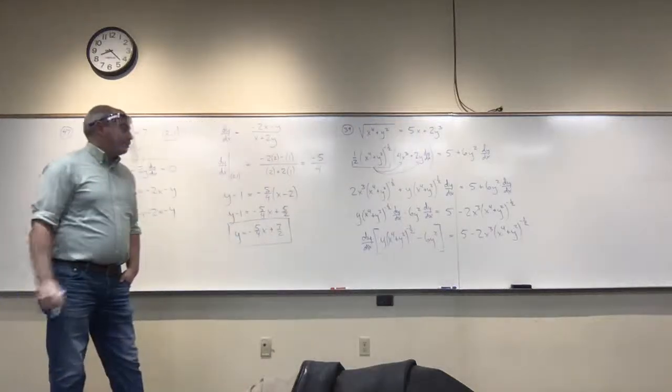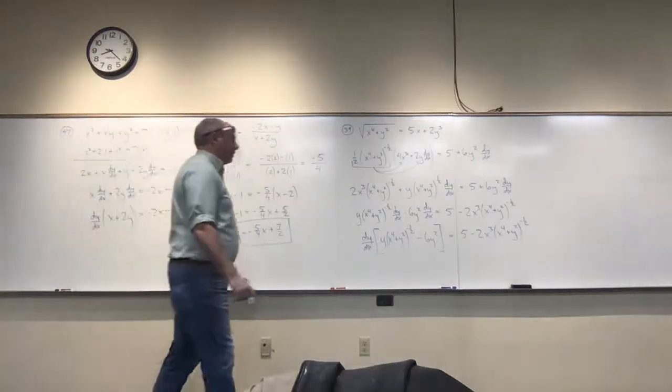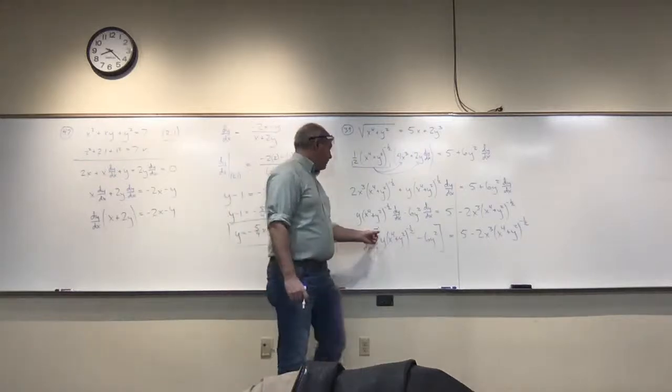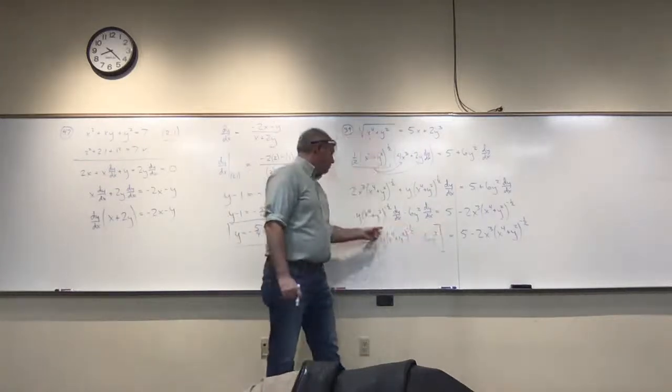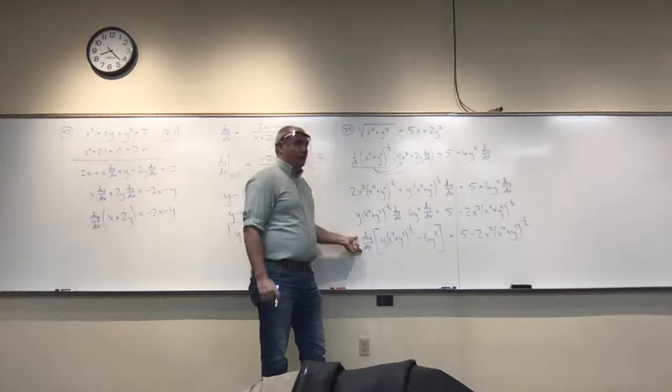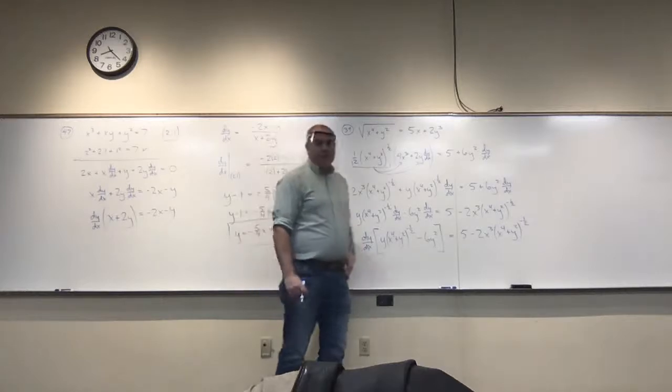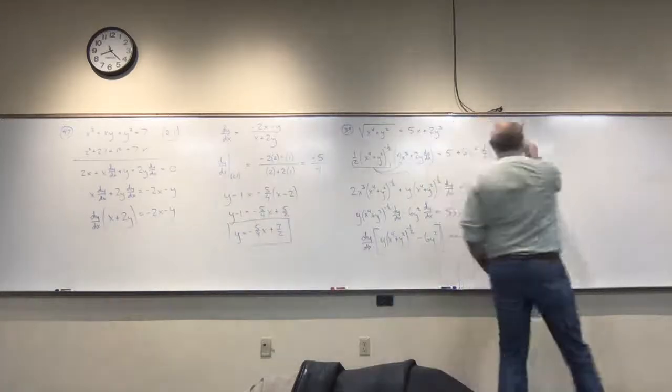Okay, so now I'm actually ready to write my final answer. Now I just need to divide both sides by all of this stuff to get the dy/dx by itself. So let me write that real quick.